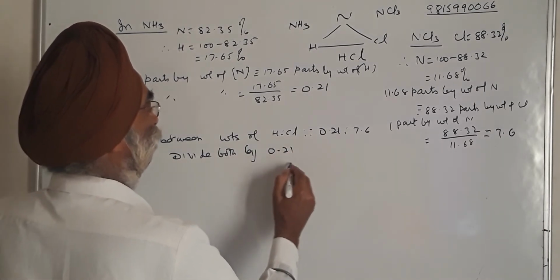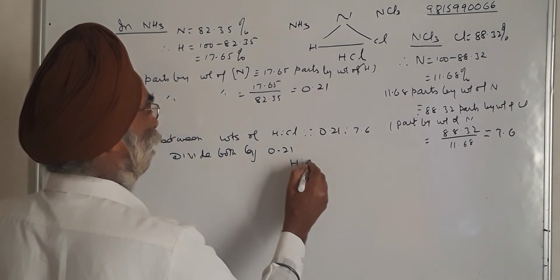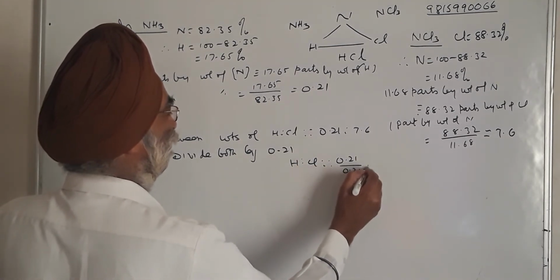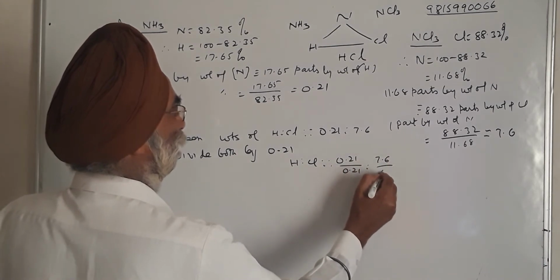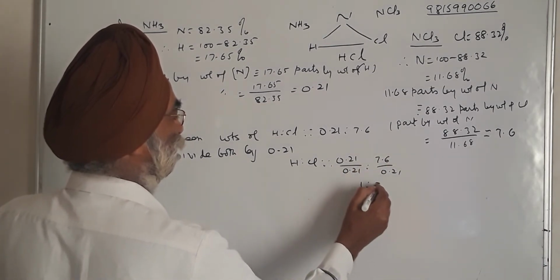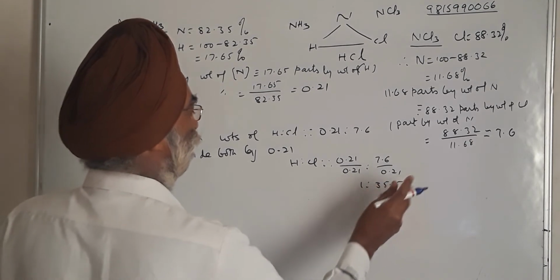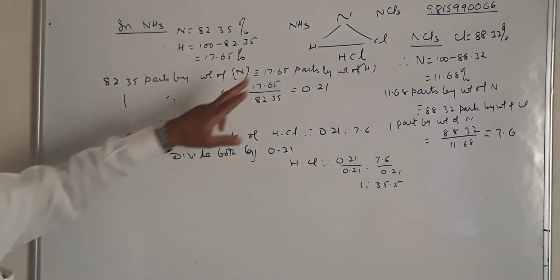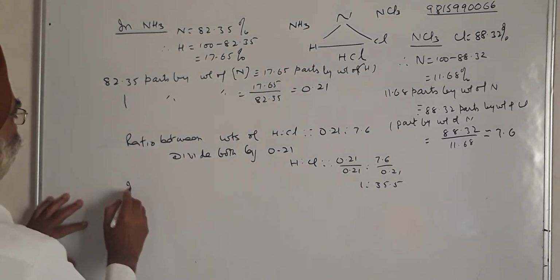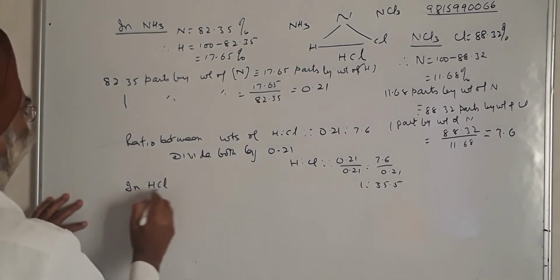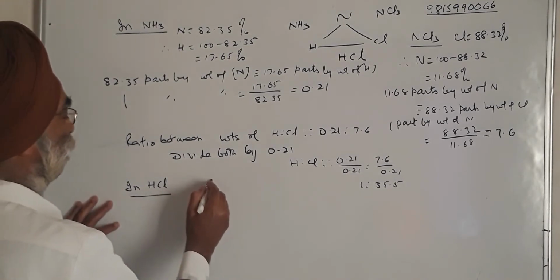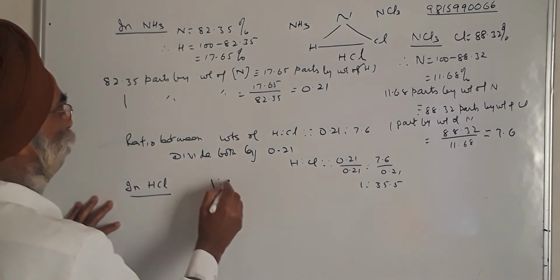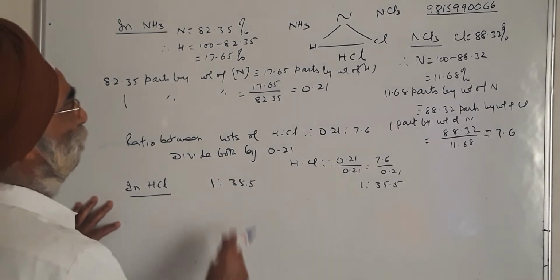0.21 over 0.21, it is 1 is to 35.5, and directly in HCl it is 1 is to 35.5.